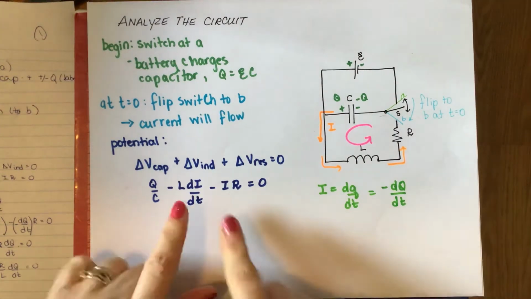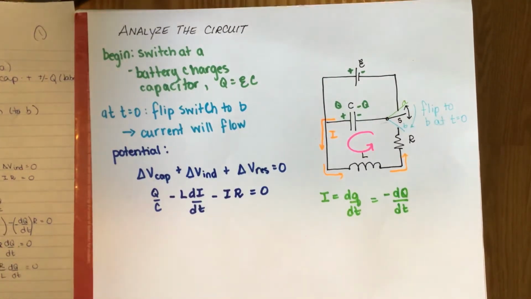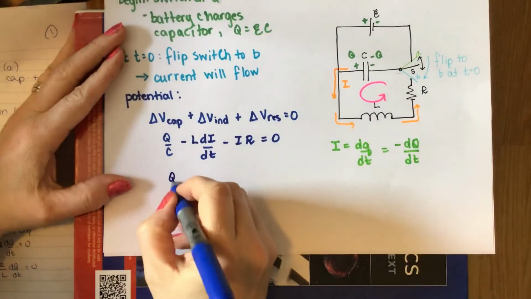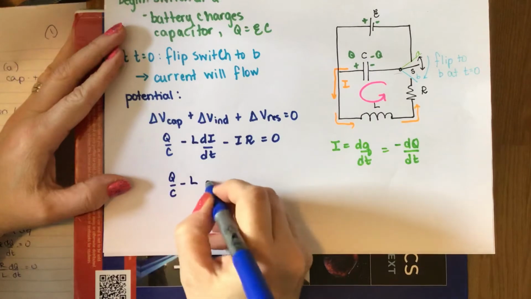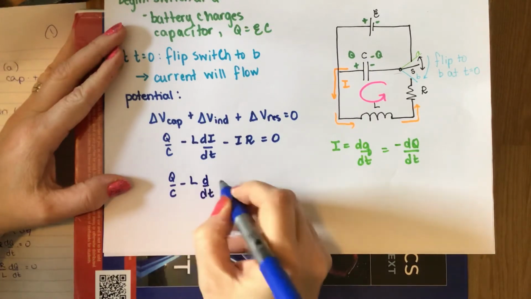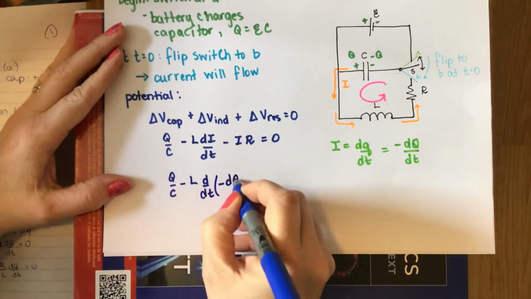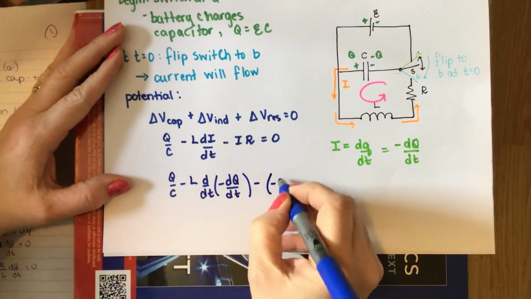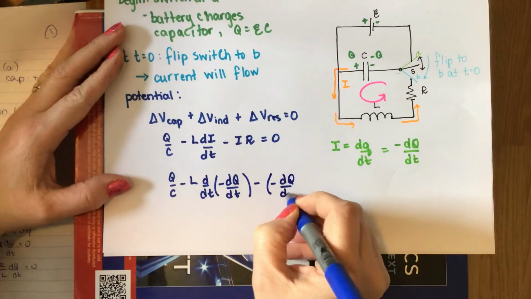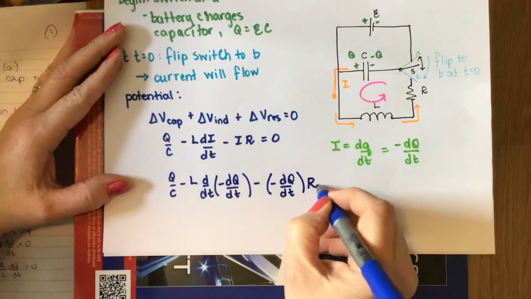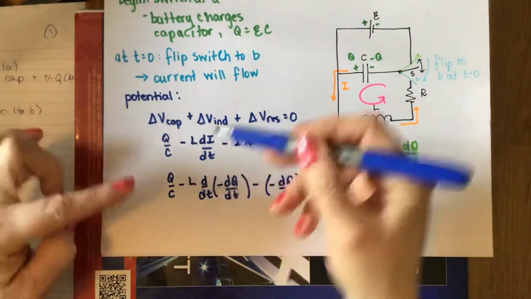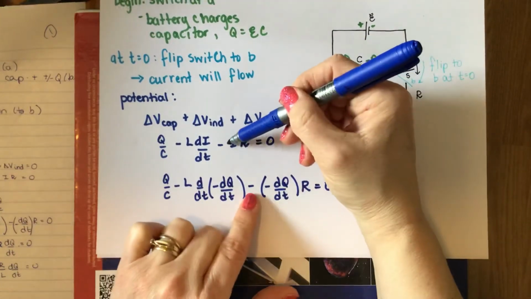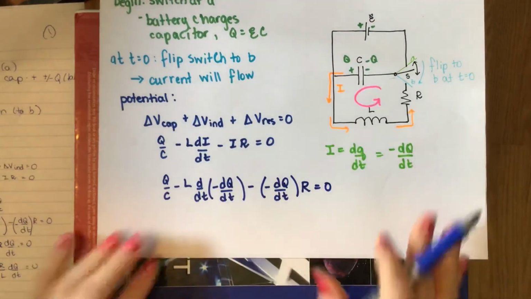Let's put this in for our I's here. I'm going to try to be really careful and not drop my minus signs. It's really easy to drop those as you go through. Okay, so Q over C minus minus L d minus dq over dt minus, okay, I've got my signs straightened out.